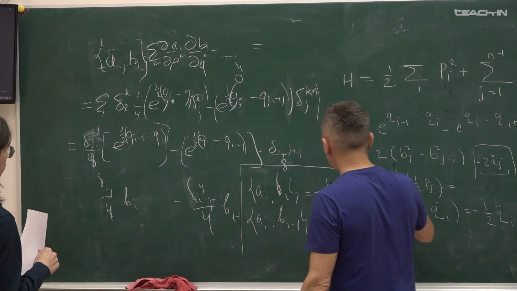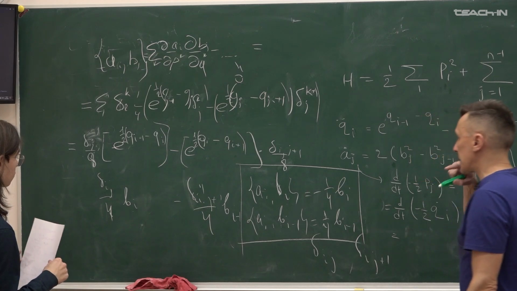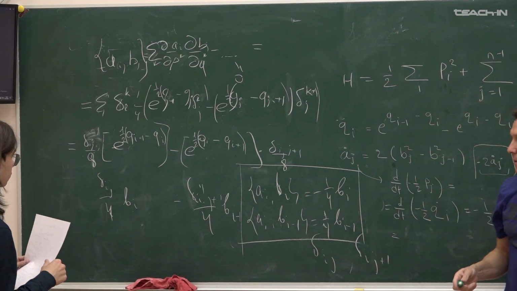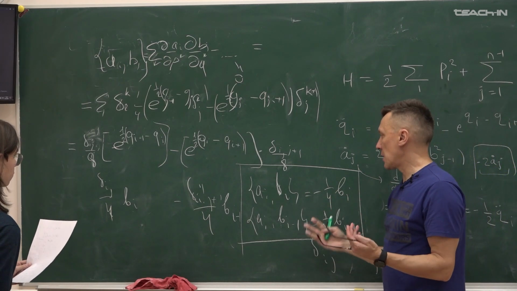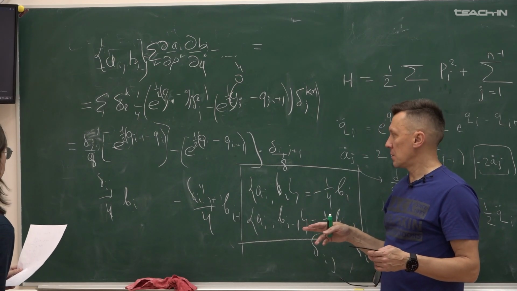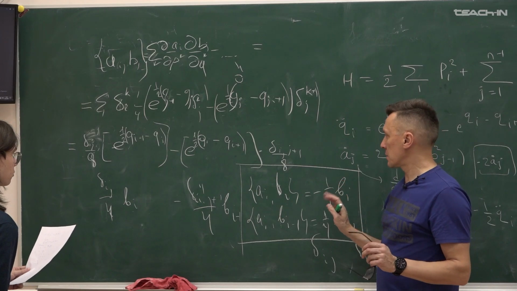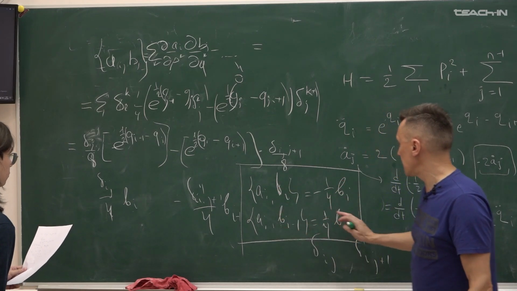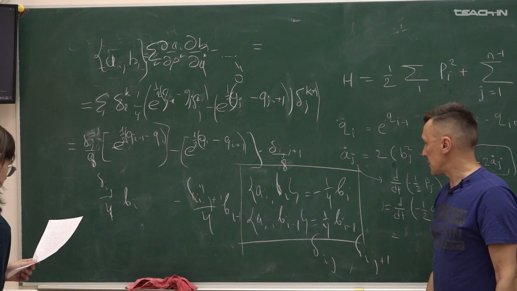So, first of all, I propose to you to describe the Poisson bracket just to say which brackets are non-trivial. In my opinion, it is simpler and more instructive.